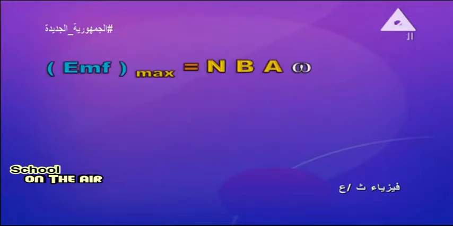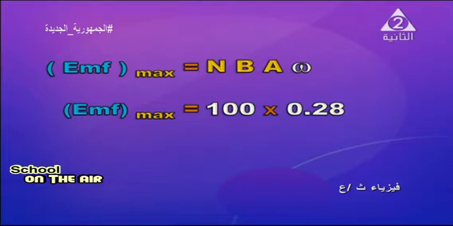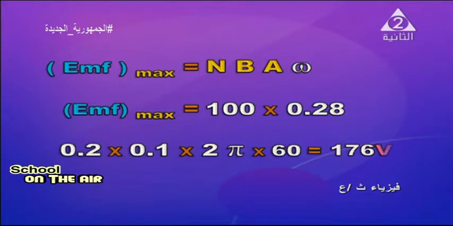Now, substituting in the expression NBAω: number of turns 100, magnetic flux density 0.28, area 0.2 times 0.1. It was 10 centimeters and 20 centimeters, so they have to be converted into meters, multiplied by 2πf, where the frequency is 60.